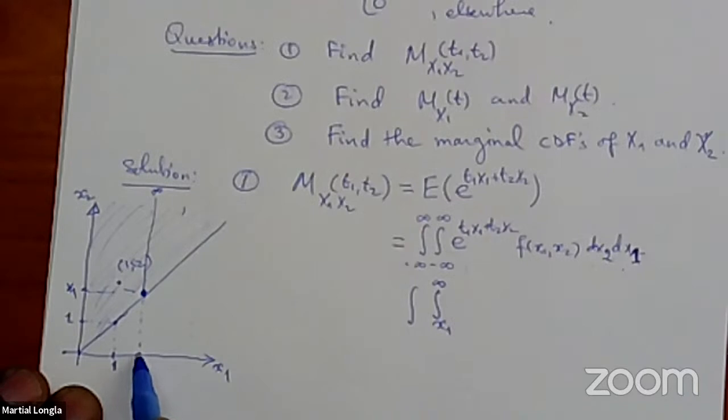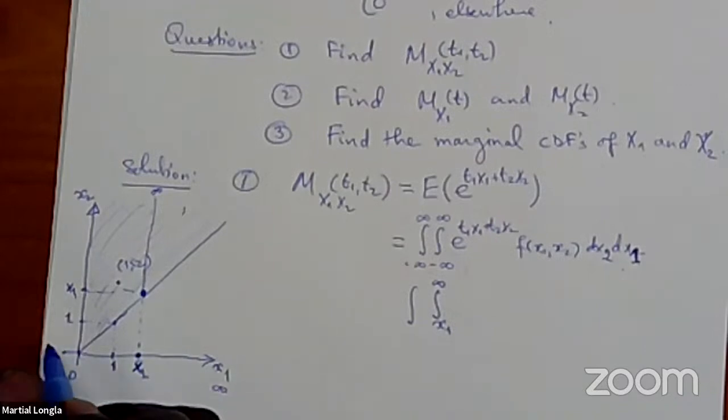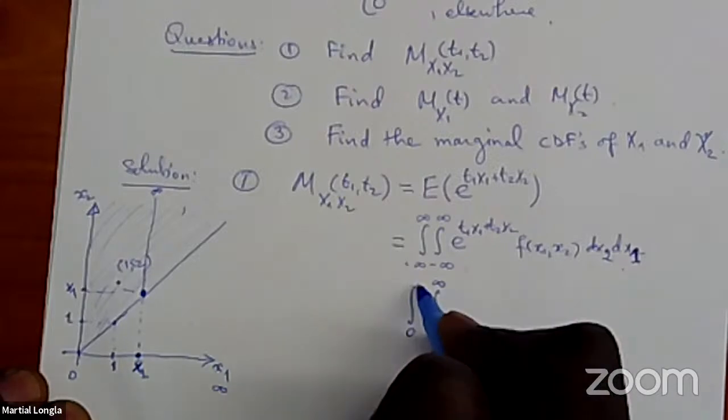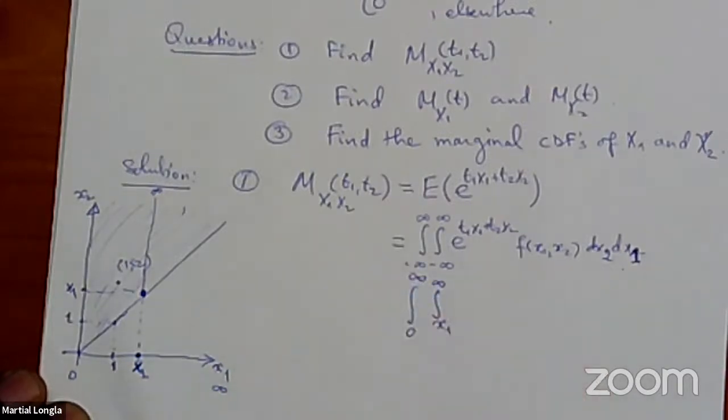And now where is the range where I can fix my x1? It starts here, it ends where? Infinity. So it's 0 to infinity. So that's where I can fix my value of x1. So that's what goes here, 0 to infinity. That's it.